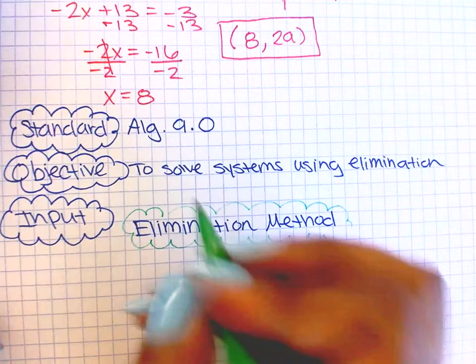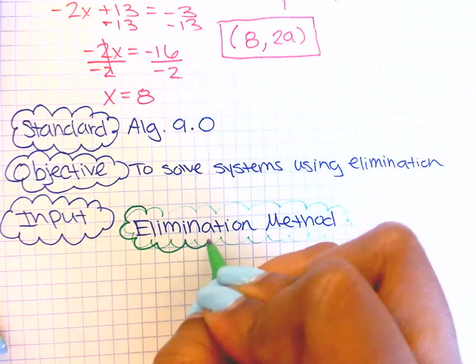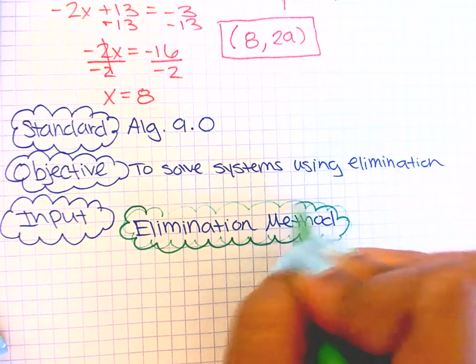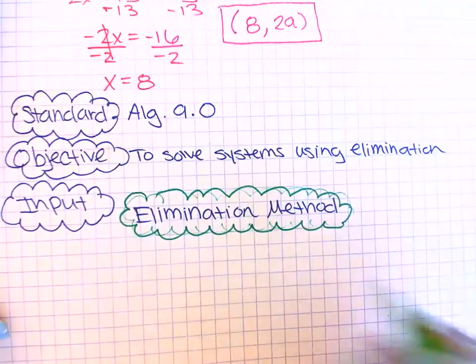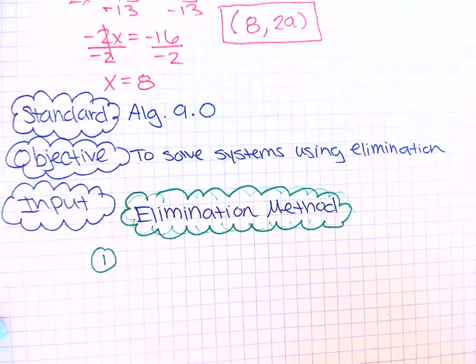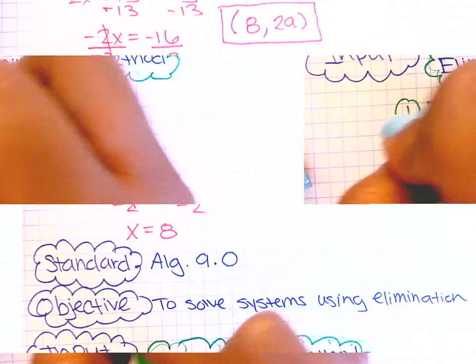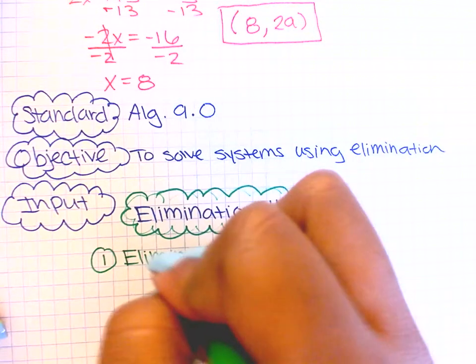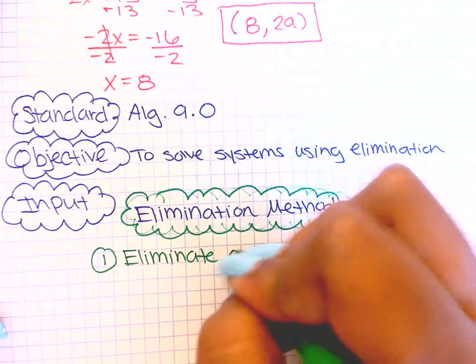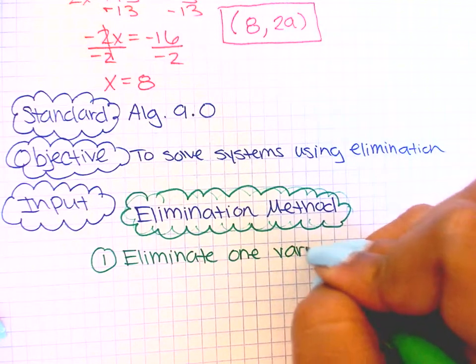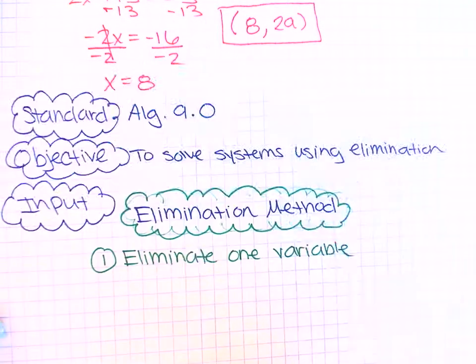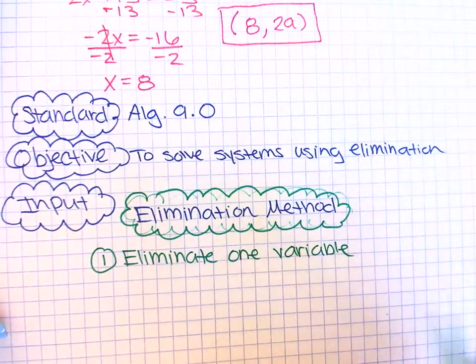Alright, number 1. You're going to eliminate one variable. You can eliminate one variable by doing the following things.